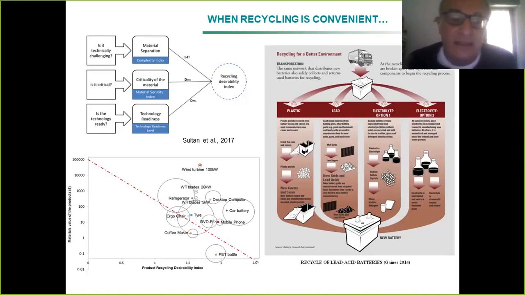In some cases, we may have some difficulty, but the cost is worth the price. And new methods are coming out more and more. You can see that at the other bottom, a PET bottle.